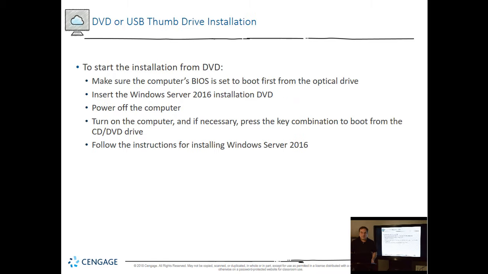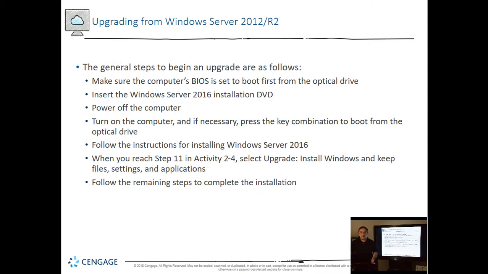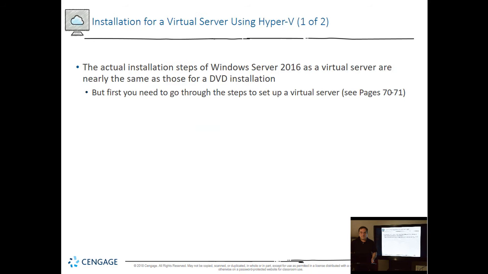It's very cool. So you're going to be installing from your ISO file, but if you were to install Windows Server 2016 on an empty physical computer, you would start from the DVD or the thumb drive, and you would insert that and then run through all the different prompts until the server is installed, which we do demonstrate.